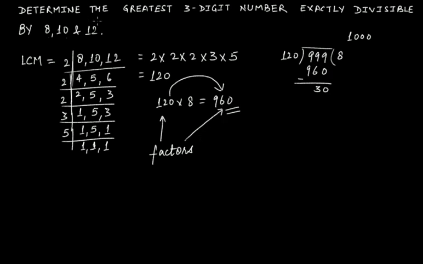Therefore 960 will be that greatest 3-digit number that is exactly divisible by 8, 10 and 12. And why? Because 8, 10 and 12 are factors of 120, and 120 is a factor of 960. 960 is the greatest 3-digit number exactly divisible by 120, therefore 960 will also be a multiple of these factors, that is 8, 10 and 12, and therefore this is that number which we need.